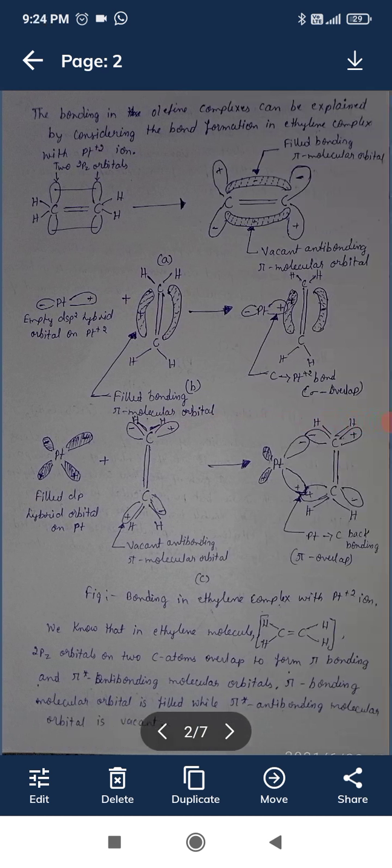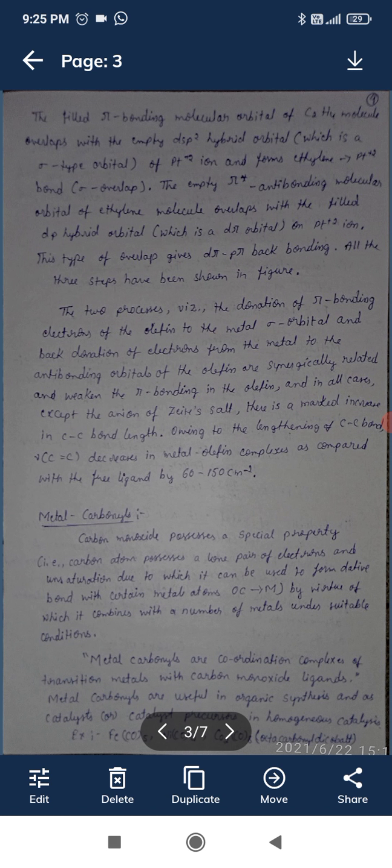In all cases except the anion of Zeise's salt, there is a marked increase in carbon-carbon bond length. Owing to the lengthening of the carbon-carbon bond, the carbon-carbon double bond stretching frequency decreases in the metal olefin complexes as compared with the free ligand by 60 to 150 per centimeter. So this is regarding the metal olefin complexes.